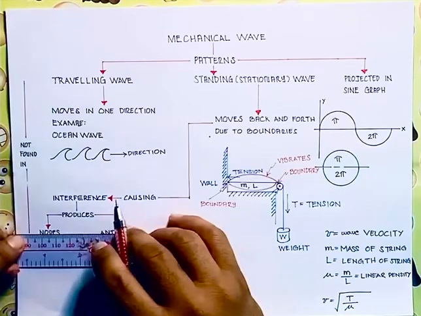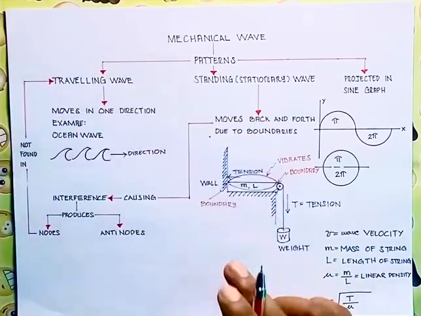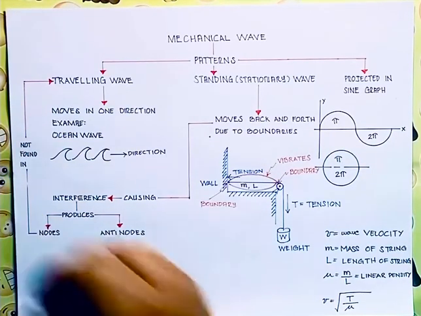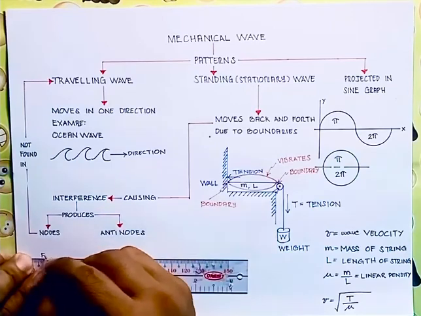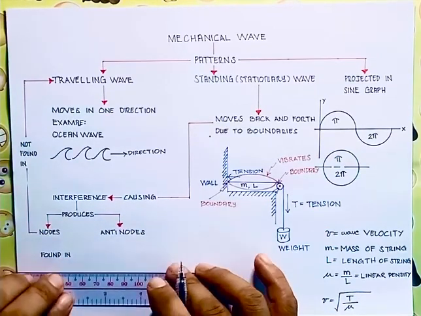Now we have to remember that there is no node in a traveling wave. So where can we find nodes?